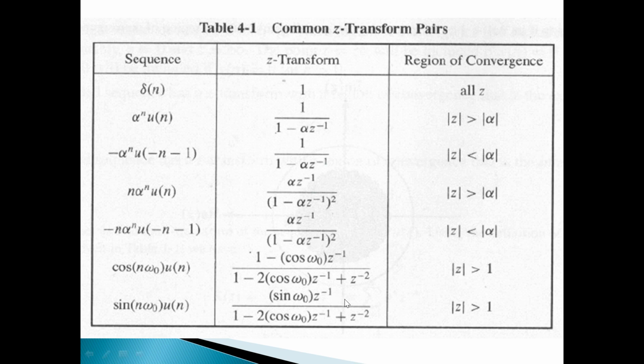Now these are the basic common Z transform pairs, and we can discuss them in further classes and presentations. The first one is delta n. It is having a Z transform of 1, and the region of convergence says all the values of z.